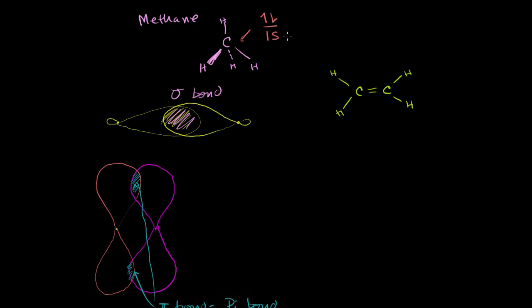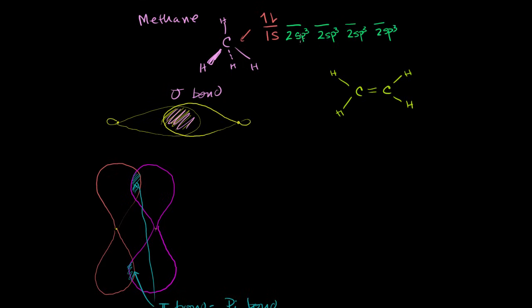And then instead of 2s2 and 2p2, the s and the p all got mixed up. And you had a 2sp3 hybridized orbital, another 2sp3 hybridized orbital, another 2sp3 hybridized orbital, and then another one.